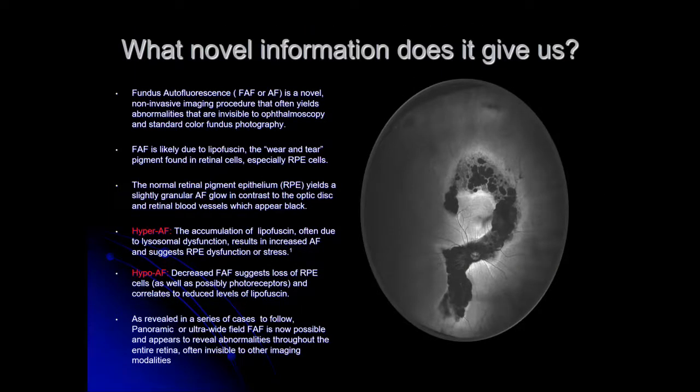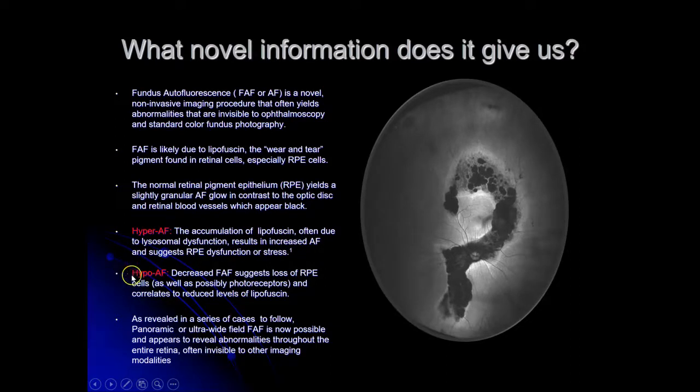So, the novel information that we get in hyper-autofluorescence, which means there's too much, zone over here, hyper. This is accumulation of lipofuscin, and it results in increased autofluorescence and suggests, as we mentioned, RPE dysfunction, stress, or just being under too much activity.